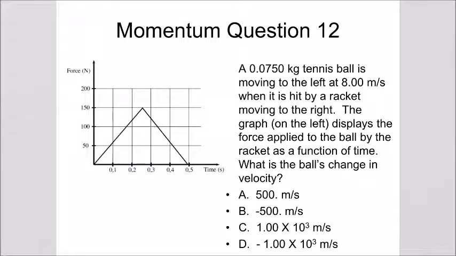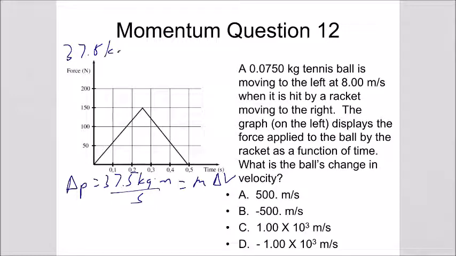Problem 12, same situation. This time we want to know what's the ball's change in velocity. Well, we know that its change in momentum was 37.5. We know that change in momentum is equal to mass times change in velocity. So what we could do is say 37.5 equals the mass of the ball times the change in velocity.